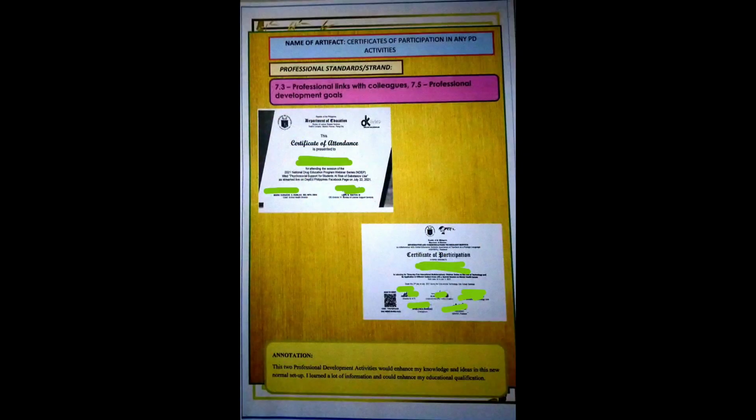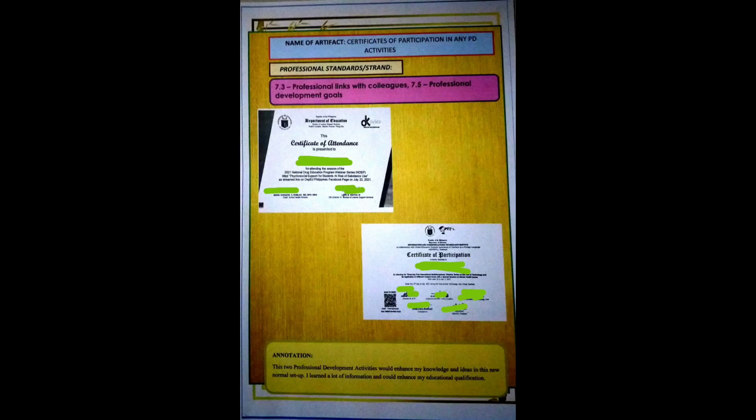Next artifact is all about certificates of participation in any professional development activities. So we are now in 7.3, professional links with colleagues, and 7.5, professional development goals.